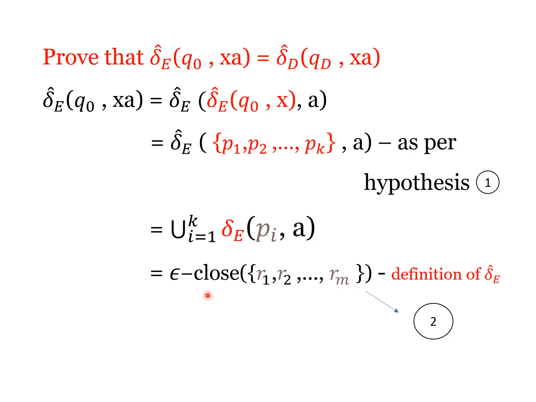That will be the set which the epsilon NFA goes to from this set of states P1, P2, Pk on input A. So that is what is given here: epsilon closure of R1, R2, etc. Rm, as per the definition of extended transition of NFA.